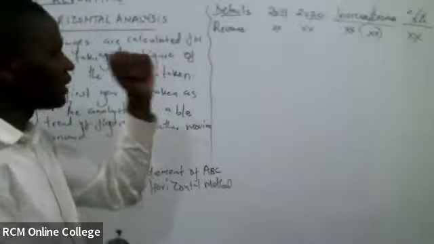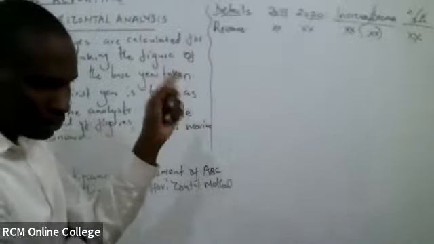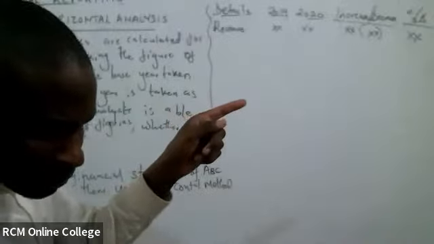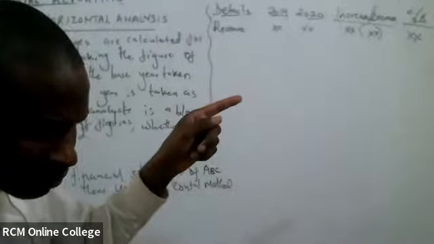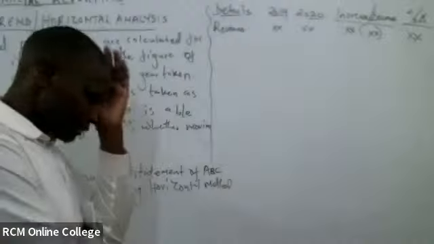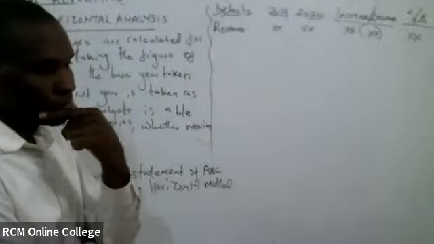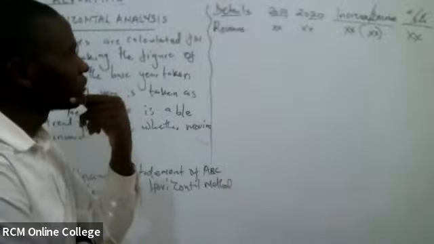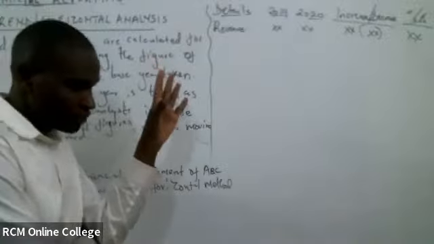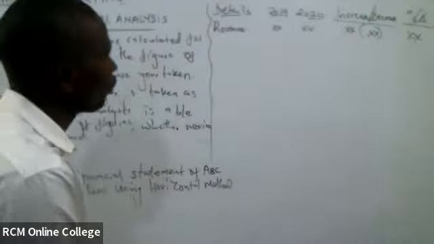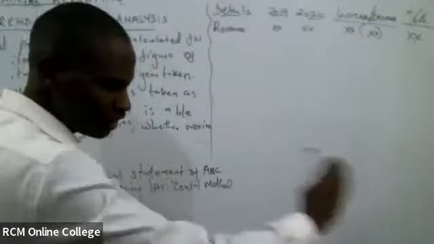So that is how the format looks. That is one item. I've just put one item. So this is just a simple format to help you understand how you will be arranging your work.